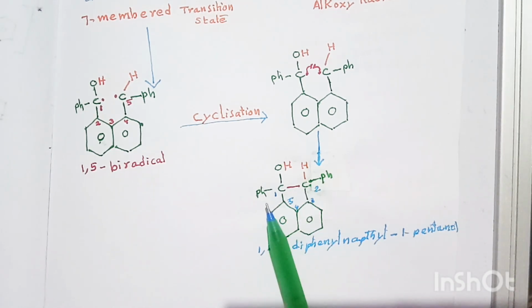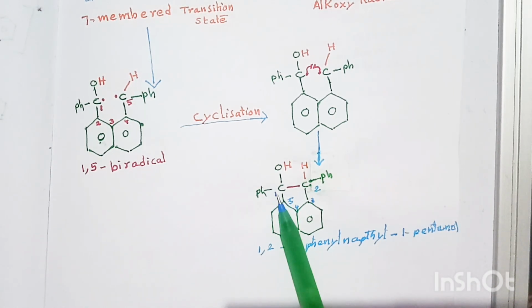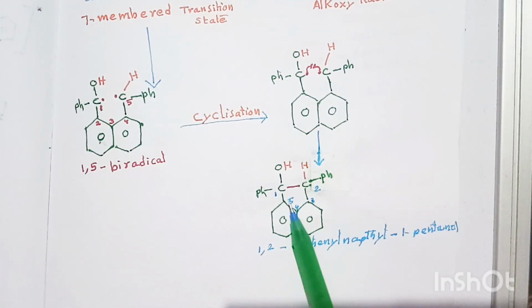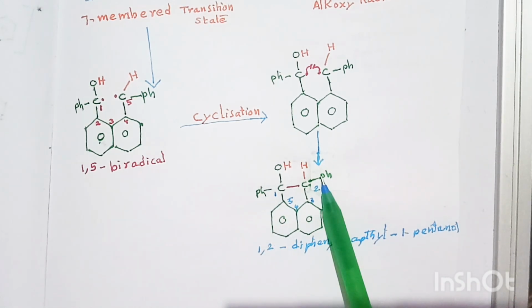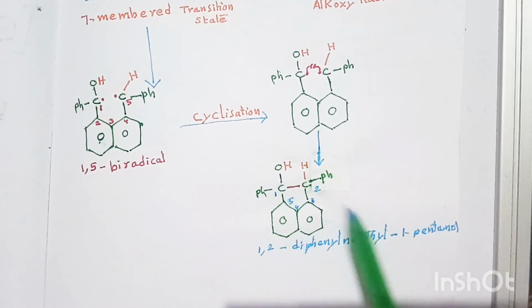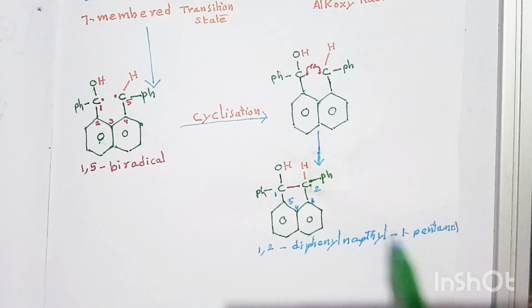So we can name this compound, let us number the carbon atoms: first carbon, second carbon, third carbon, fourth carbon, fifth carbon. So this is 1,2-diphenyl, then this is naphthyl, 1,2-diphenyl, naphthyl, 1-pentanol, because the OH group is attached to the first carbon atom.